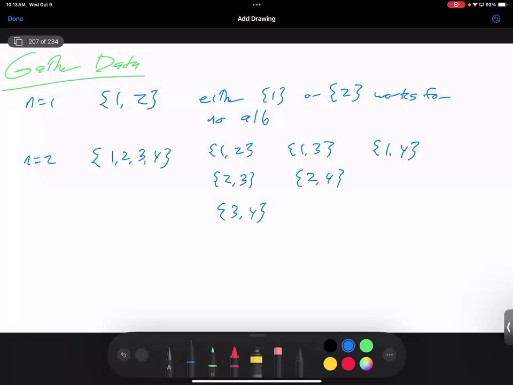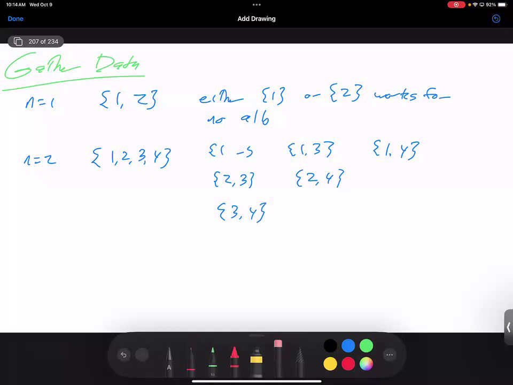So for which of these sets will you never have an A divides B? Does 1, 2 work? So for the set 1, 2, is it the case that you don't have an A dividing a B? No, 1 divides 2. So 1, 2 fails. What about 1, 3?